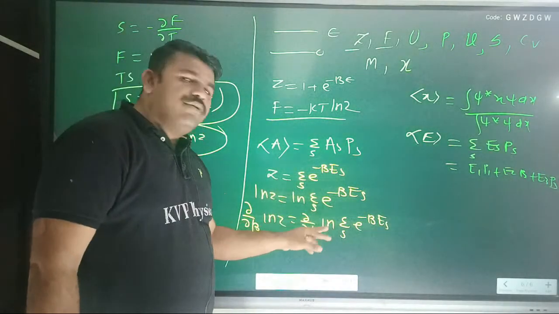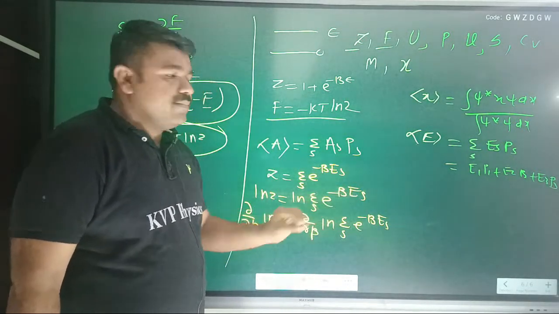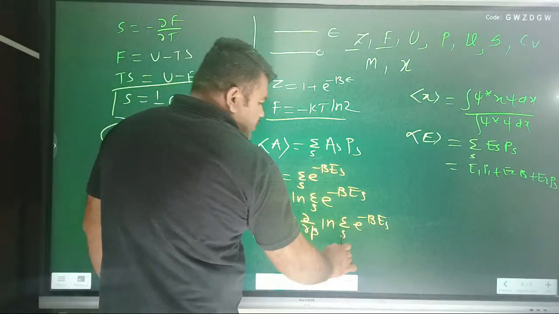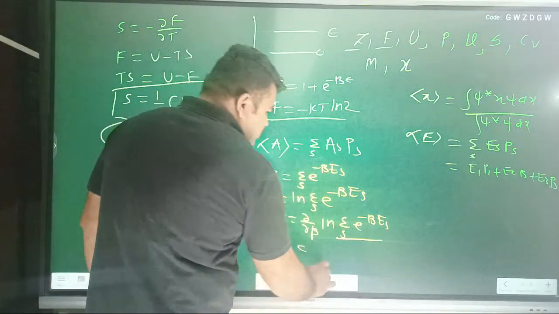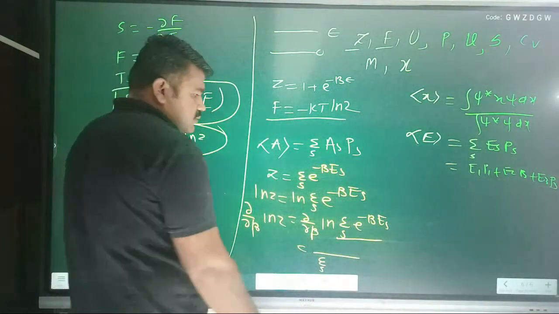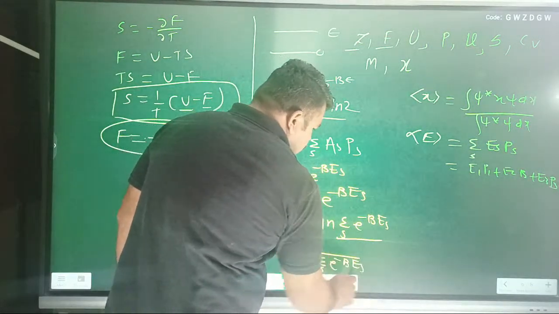Now how do we take the derivative of this? We know that the derivative of ln x is 1 by x into x prime. Similarly, here x is nothing but this summation of e to the power minus beta E_s.